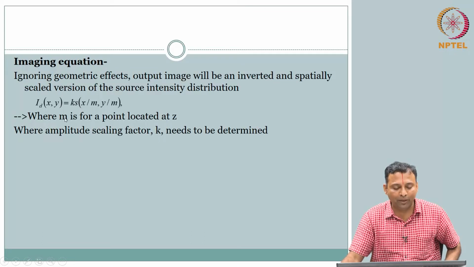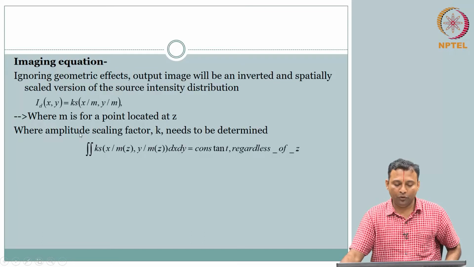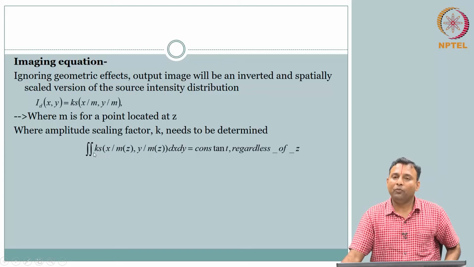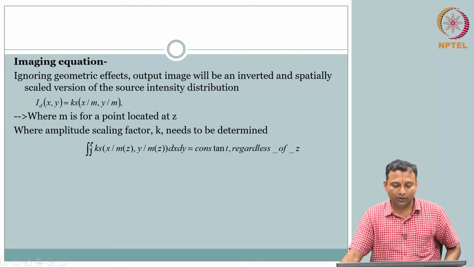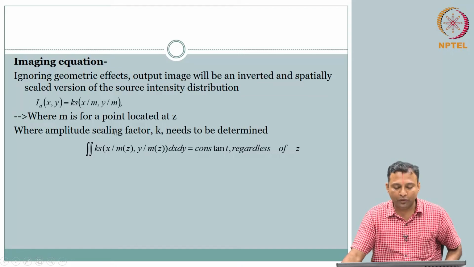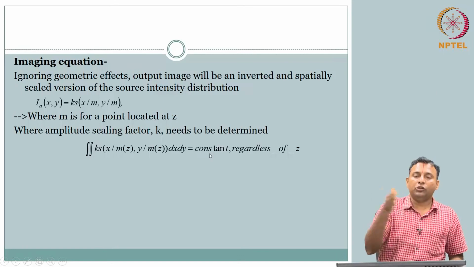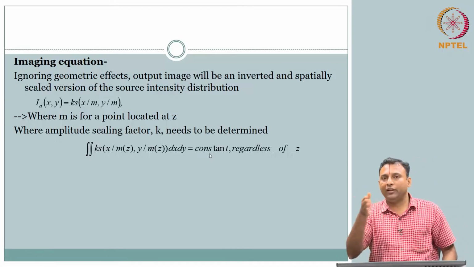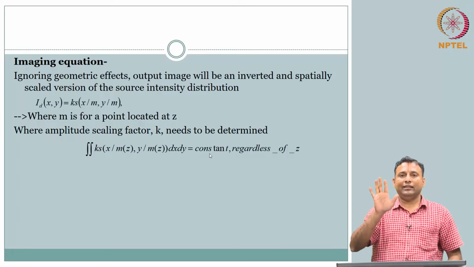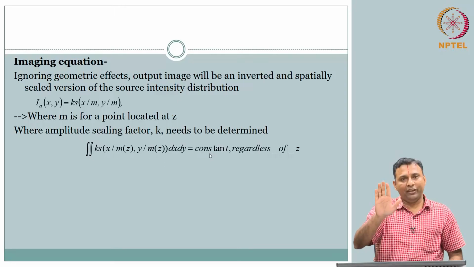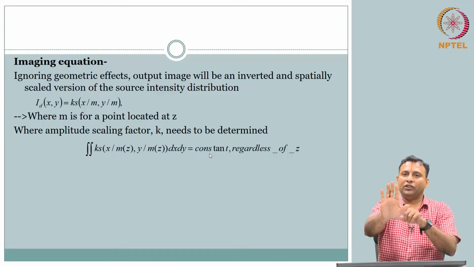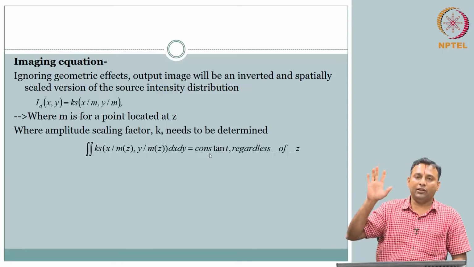How will it be determined? We will make use of the fact that if you sum what is falling on the detector, your intensity, a double integral over dx dy, so area, of k times s of x by m of z and y by m of z, that integration is a constant irrespective of whether you are coming close or going further away from the detector. Magnification is going to change, and based on this my intensity is going to be reduced or increased.